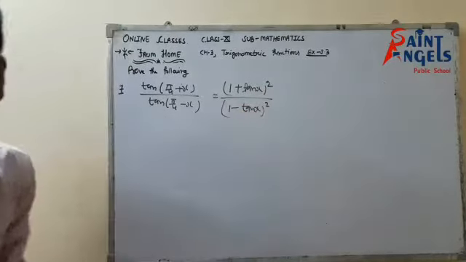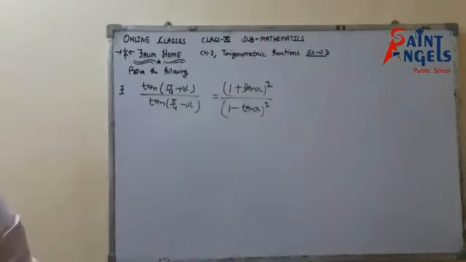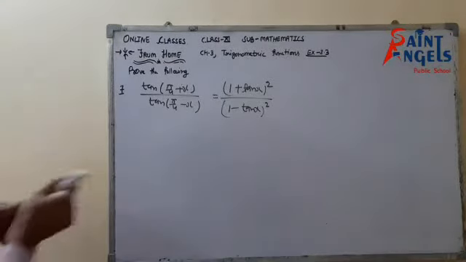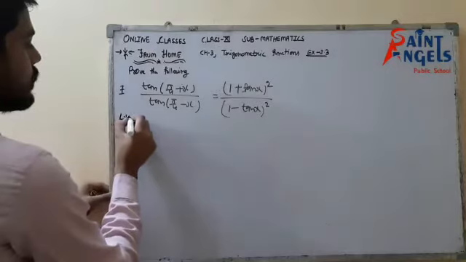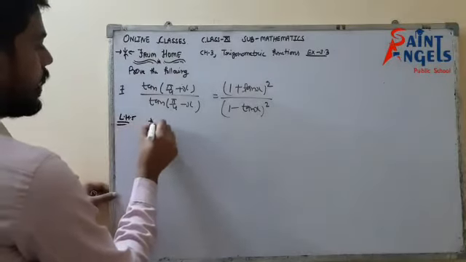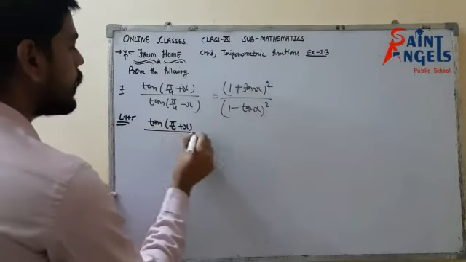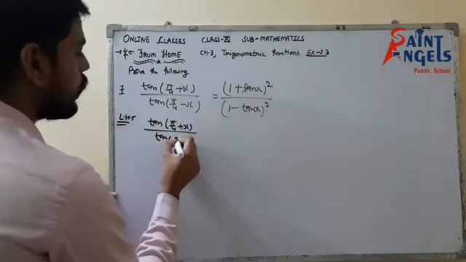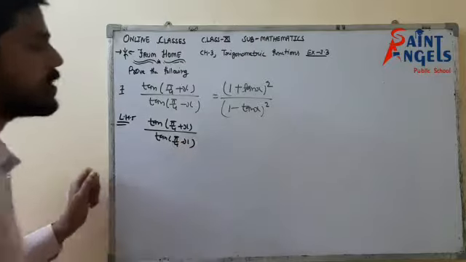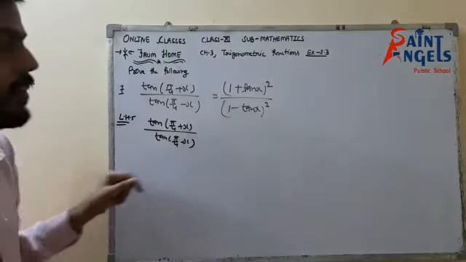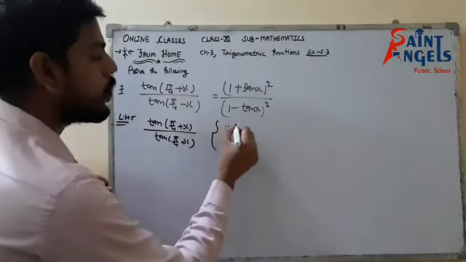This we have to prove. So now let's start. Take LHS: tan(pi/4 + x) upon tan(pi/4 - x). Beta, this is the form of tan(a + b). I hope you remember the formula.